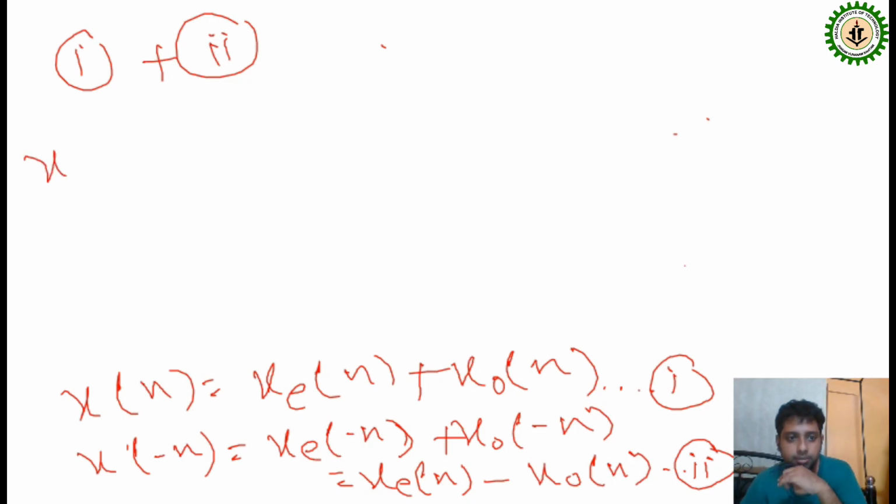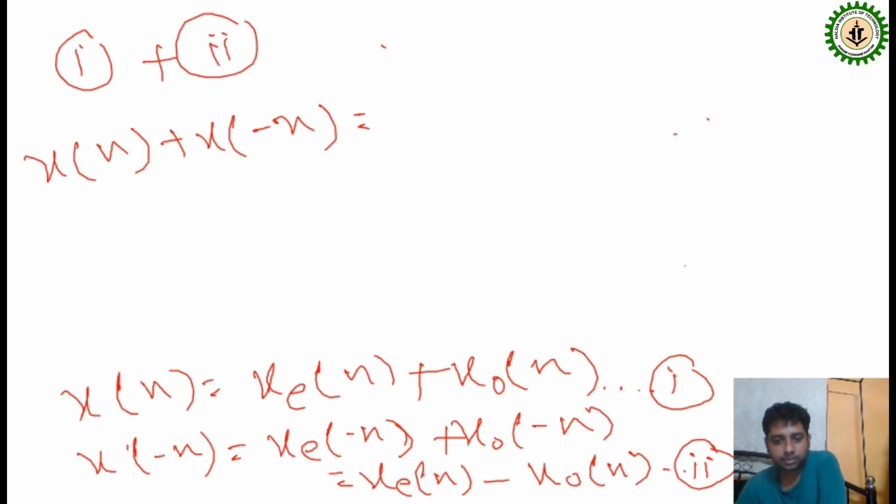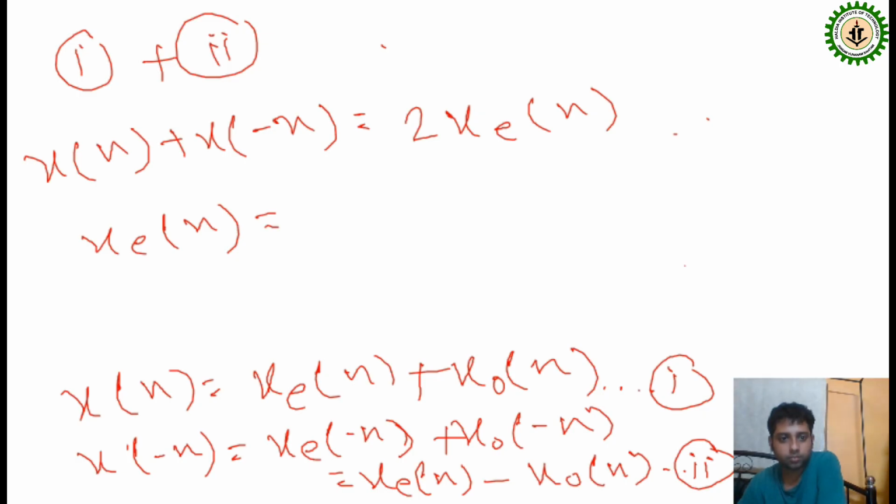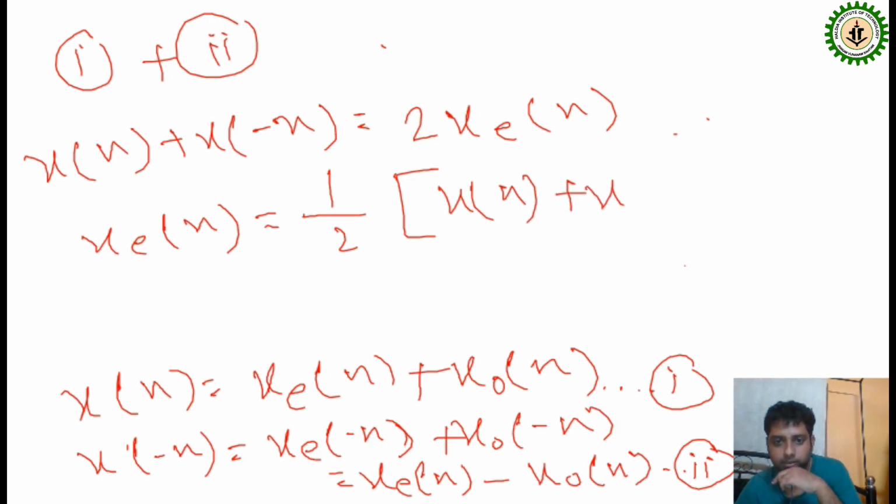We will get x(n) plus x of minus n. The odd parts cancel each other, so we will get 2x_e(n). So from there we can write x_e(n), the even part of a signal, is equal to half of x(n) plus x of minus n.